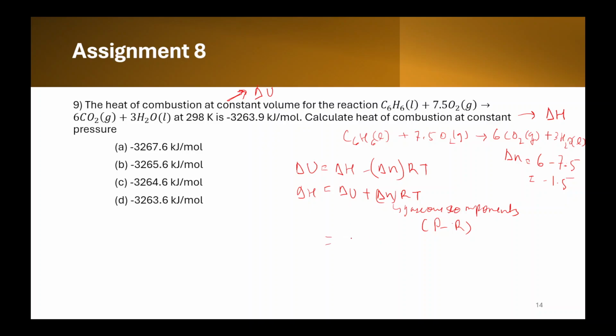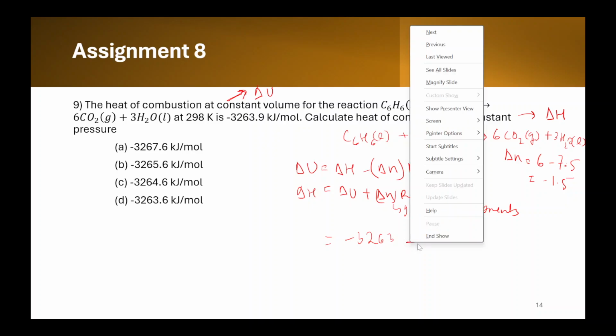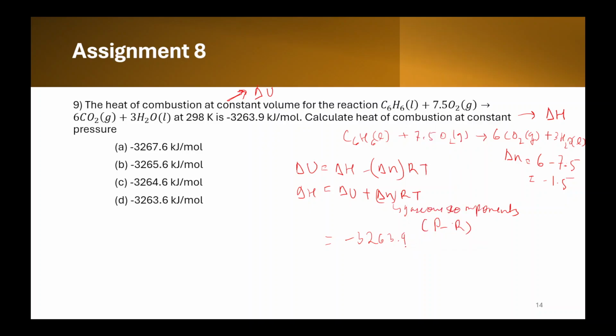So we write delta U here as minus 3263.9, plus, in the bracket, minus 1.5 into 8.314 into 298 Kelvin.